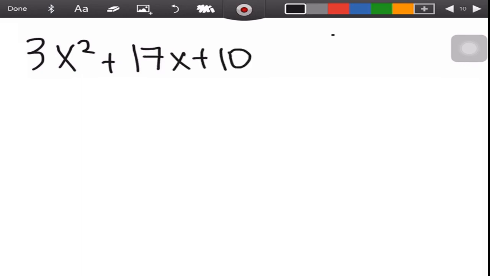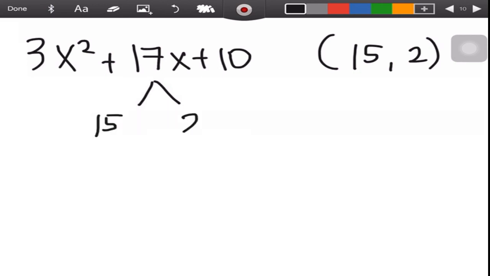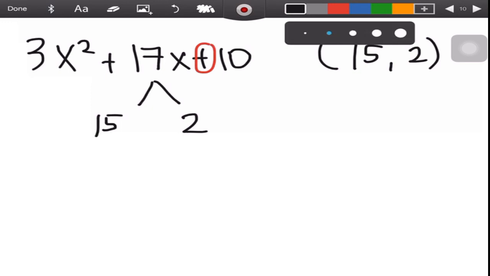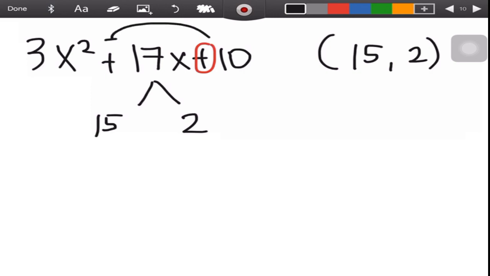Next, write our example. And then we will use 15 and 2. And then we will write 17x using 15 and 2. And then since our third term is positive, we will use the same sign, the sign of the middle term, which is plus.